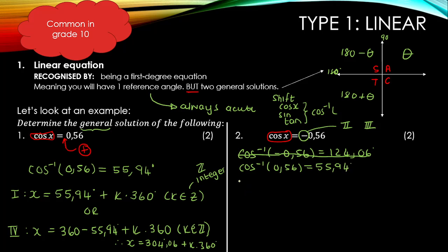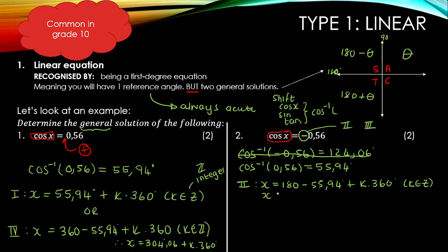And now we know, because it's negative, we're going to be in quadrant 2, which we know is going to be 180 minus 55,94 plus k times 360, k an integer.